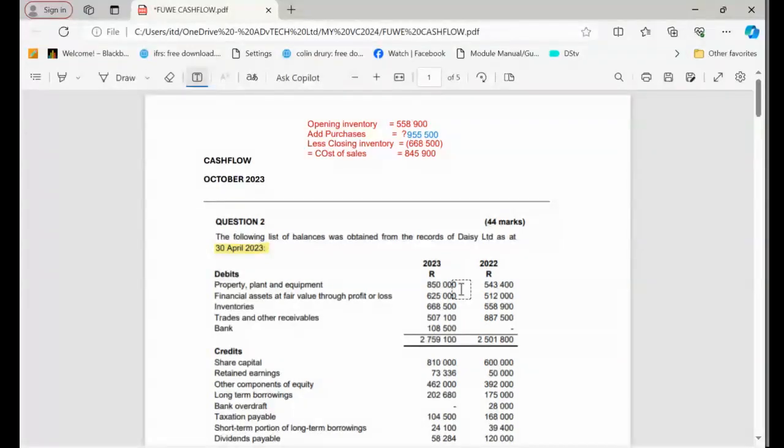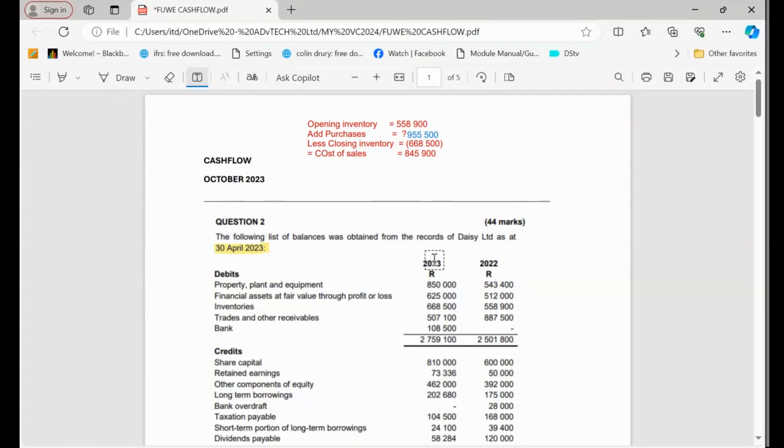Does that make sense? Because sometimes when they give you the memo, they just give you the formula and it doesn't make sense. Yes, true, it makes sense after you did it like that. So if you want to prove this, if you take 558 and you add 955, you less 668, it must give you 845. Yes, let me do that.